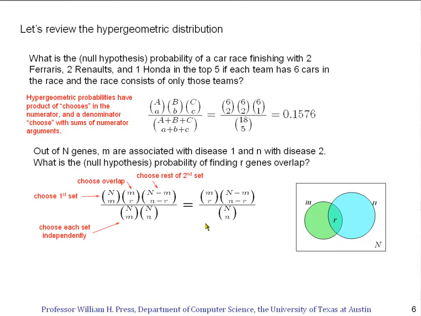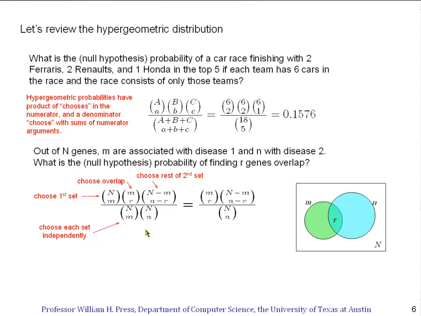So how do we calculate this? Okay, the denominator is just going to be how many different ways could we have randomly picked the m genes for one disease and the n genes for a second disease. So that's capital N choose little m and capital N choose little n. And it's the product of the two because those chooses can be done independently.